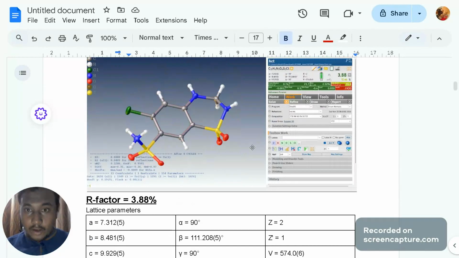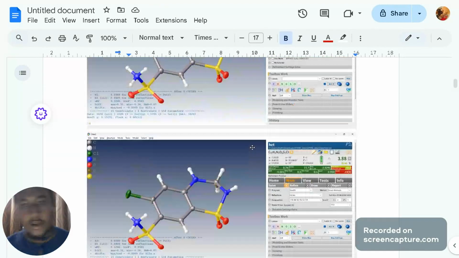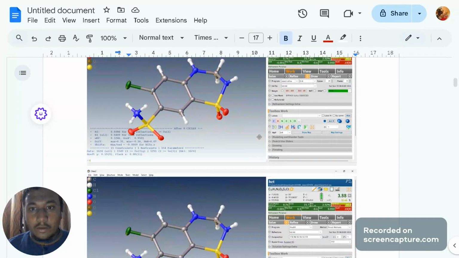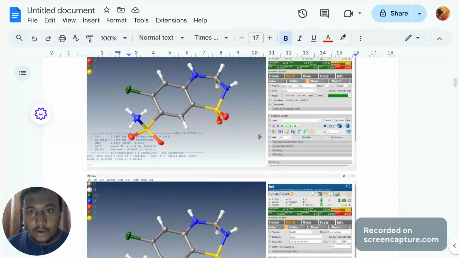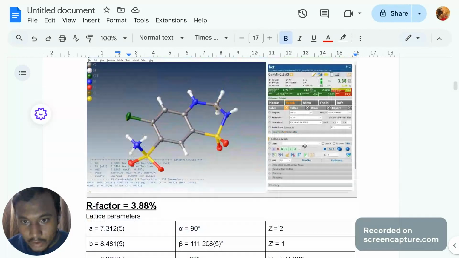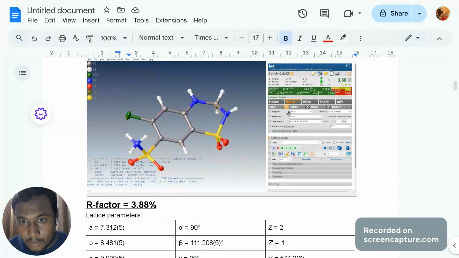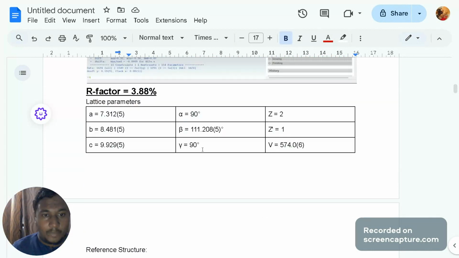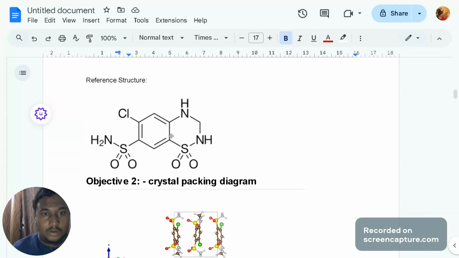But how I have done this is, I firstly imported the .hkl file from the data, and the program selected was SHELXS, with the method as direct methods. Then on clicking the solve button, I got a structure, and then I joined and mapped the elements based on this structure.